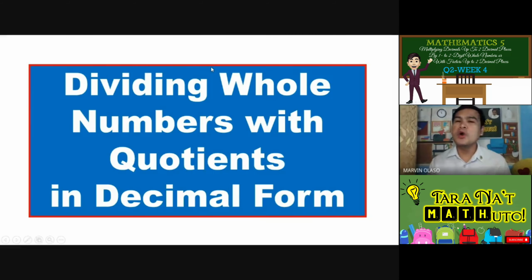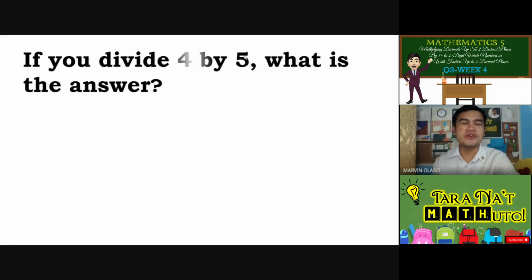What about we are going to divide whole numbers with quotient in decimal form? So how are we going to do it? Let's have our first example. If you divide 4 by 5, what is the answer? Okay, yes, tama kayo, no? If you are going to divide 4 by 5, so that's why we have now the dividend 4, the divisor is 5. So what did you notice?